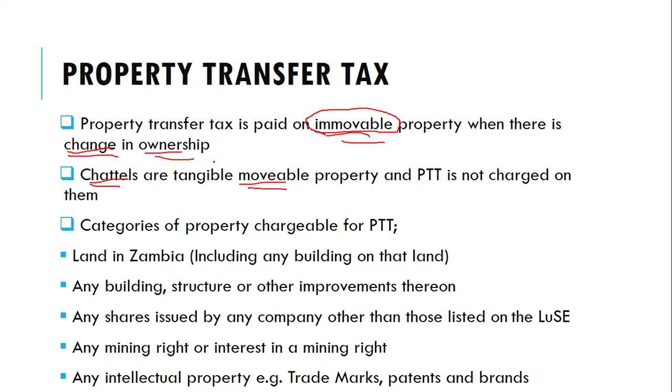So in an example, you come across a company that sold a car at maybe 10,000. When you see a car, you should tell the examiner this is a movable property, so property transfer tax is not charged on it. Right? So now, what are the categories of property transfer tax?